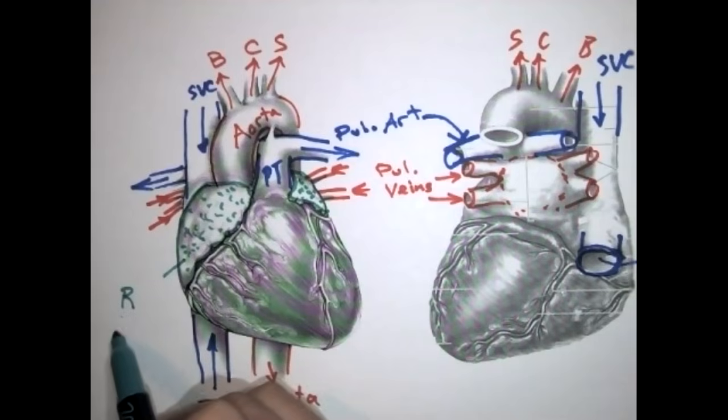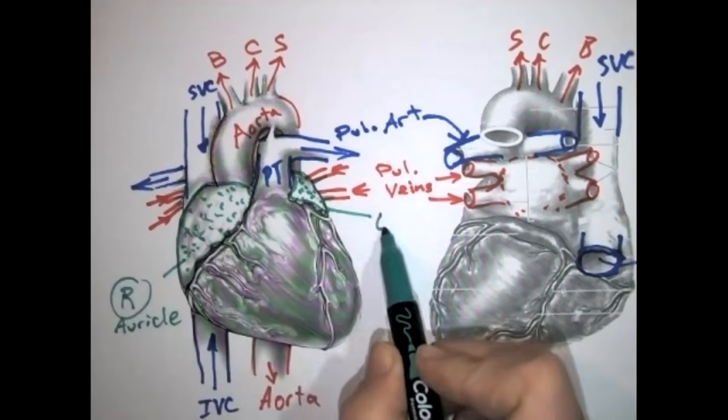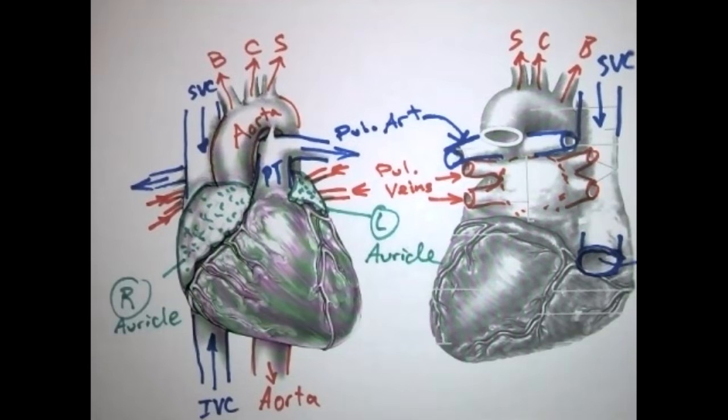This is the right auricle, and this over here is the left auricle. The function of these is to essentially increase the volume of the right and the left atrium.